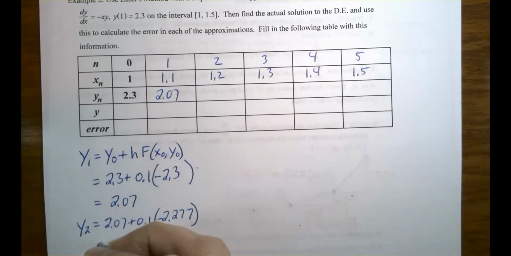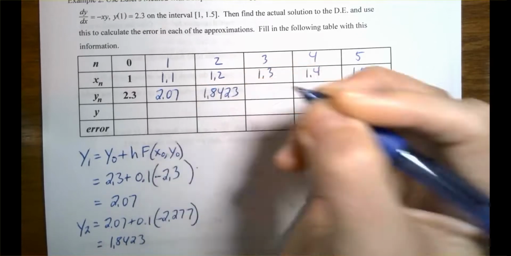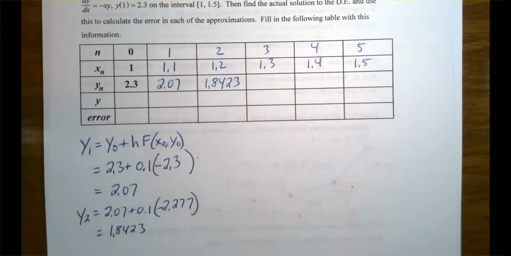And so this gives you your next approximation, and that is 1.8423. And then just continuing this process, you can generate the remaining values pretty quickly.